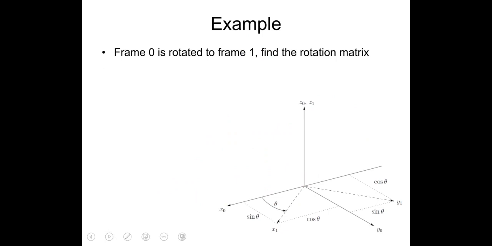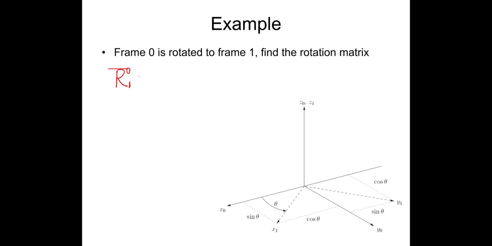So let's do one example. This example is a rotation where frame 0 is rotated to frame 1, and the question is to find the rotation matrix. So if frame 0 is rotated to frame 1, we're actually looking for R10.